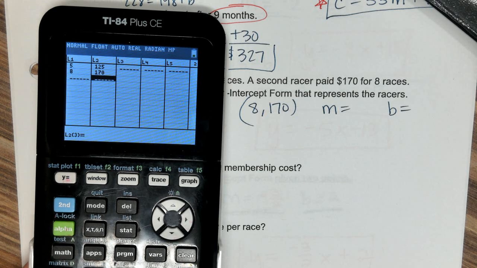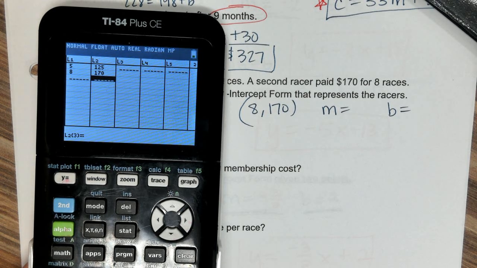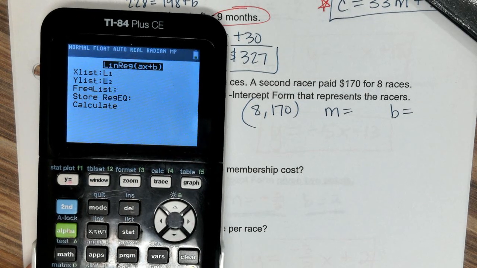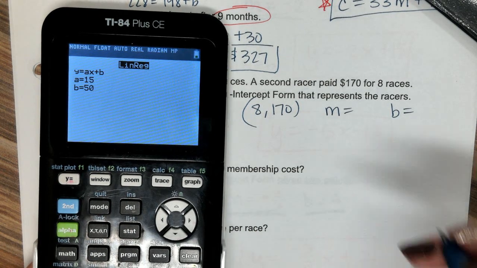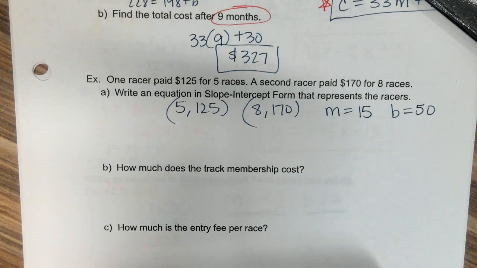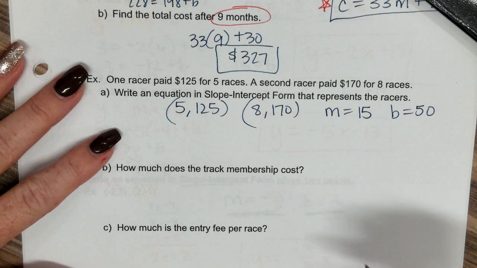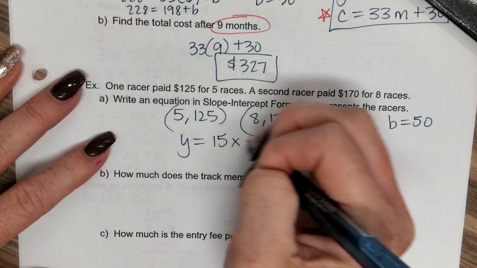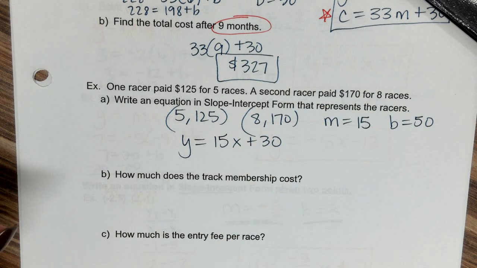Did everybody get their coordinates put in edit? Then we're going to go to stat calc, option 4. What is the M? What is the B? 50. So my equation would be y equals 15x plus 30.